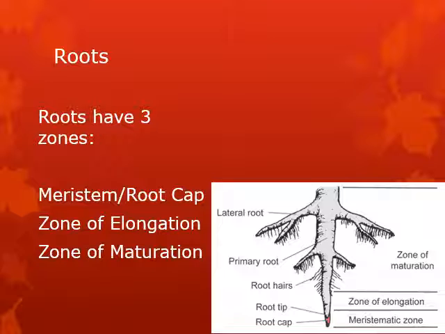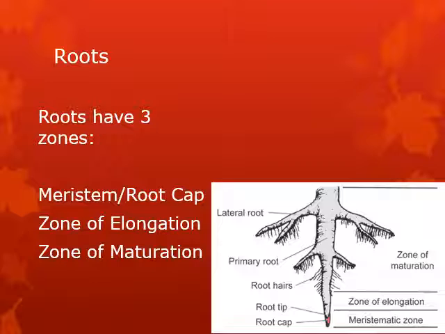Then you've got that root tip, lots of mitosis. The zone of elongation, where the cells are growing along their edges. They're getting longer. And then what's known as the zone of maturation up here, where the cells are taking their final adult form. So you've got the root cap protecting the meristem. That meristem, you've got lots and lots of mitosis.